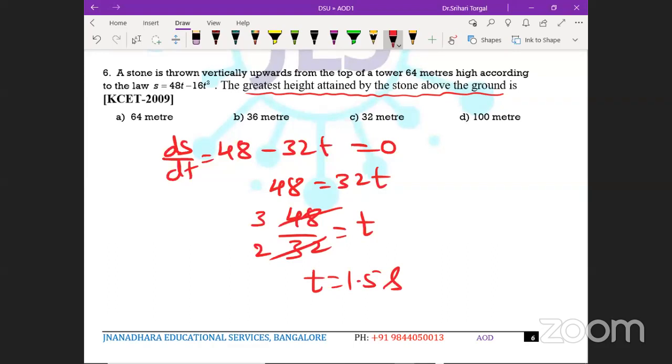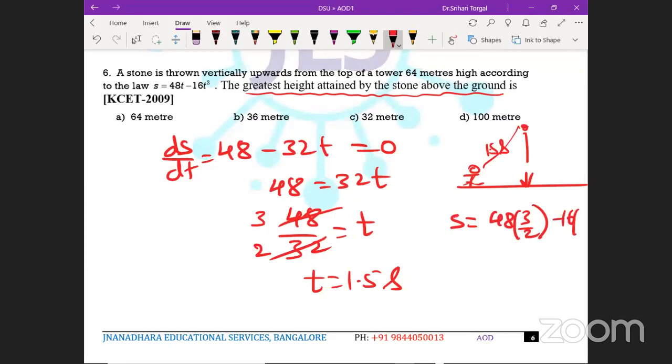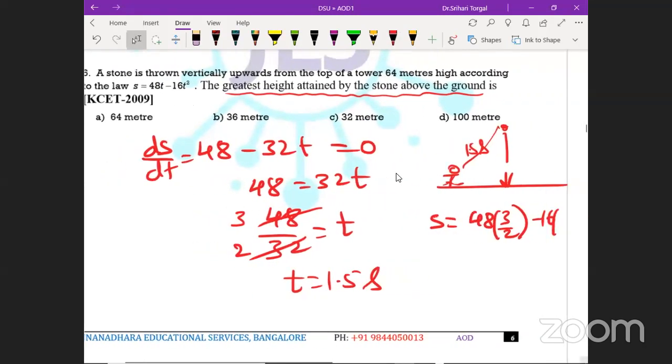Now, greatest height attained by the stone above the ground, this we have to calculate. The time taken by the stone is 1.5 seconds. Now we have to substitute this in the given equation. That is 3 by 2. If I replace that by 48 into 3 by 2 minus 16 into 3 by 2 whole square, is 9 by 4, right? 9 by 4.